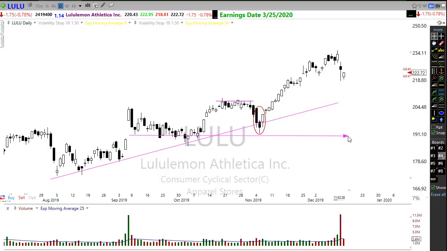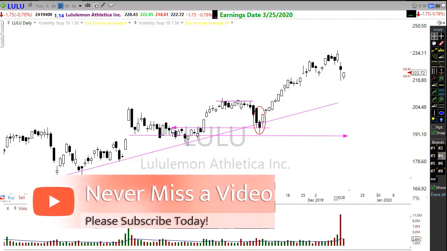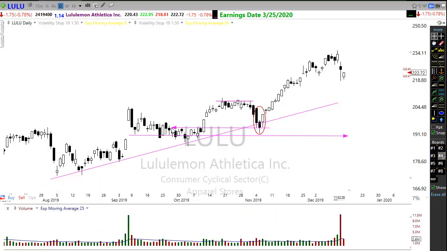Keyed off of this price support. You can see the body of this candle holding right through here. Those are the kind of Morningstar patterns you want to look for, where they're keying off of support, they're keying off of trend. Those will really give you good quality signals for those Morningstar patterns. Okay?